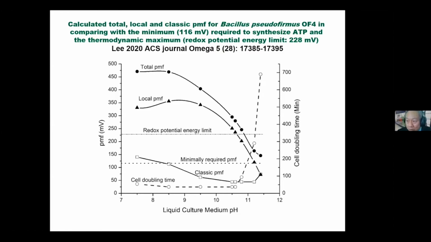But that redox potential energy, the amount of chemical energy available, is known. The redox potential from, for example, NADH to oxygen, this whole chain, is about 1100 millivolts. Okay, so we know that for each electron that goes through, they pump 5 protons. So 1100 divided by 5 is about 220 something, right?